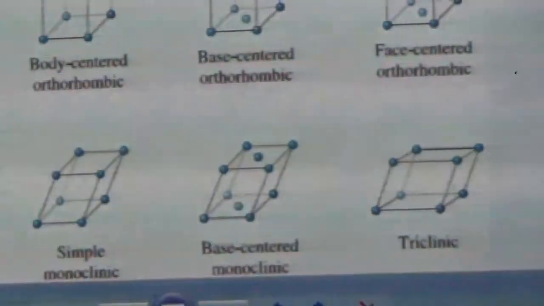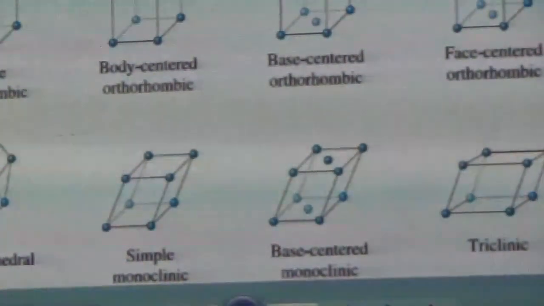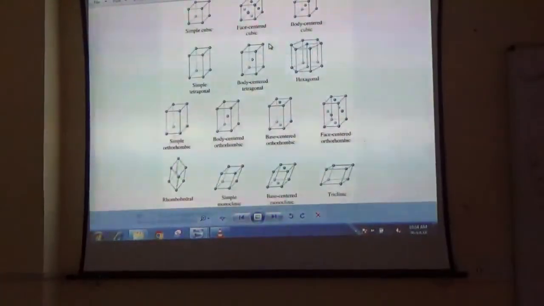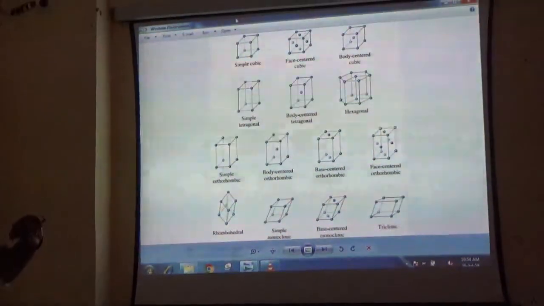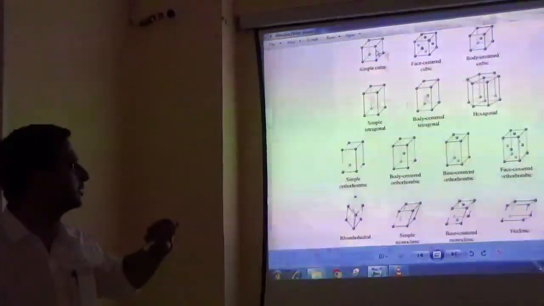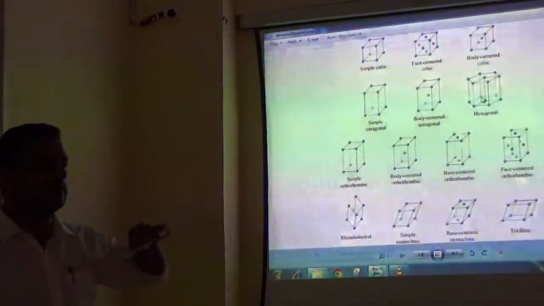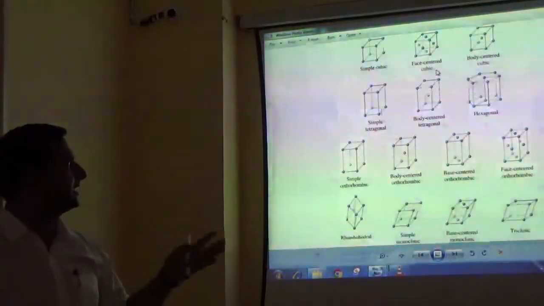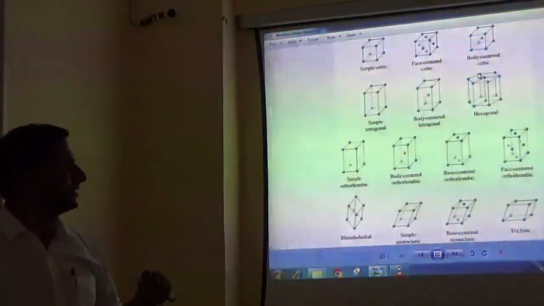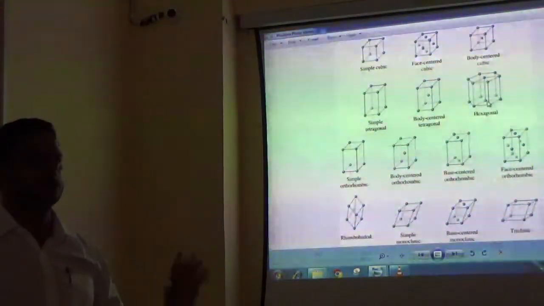You do not require too much detailed knowledge of these kinds of structures, but you have to know thoroughly FCC, simple cubic, body centered: what is the coordination number for simple cubic, for FCC, for BCC, what is the atomic packing factor for simple cubic, for FCC, BCC and hexagonal. General materials have what kind of structure? FCC like aluminium, BCC like iron, hexagonal like zinc and cadmium. You should know these kinds of things.